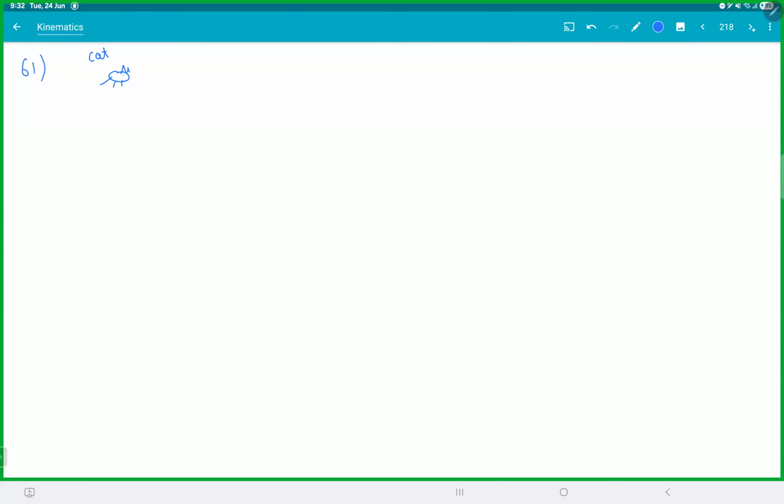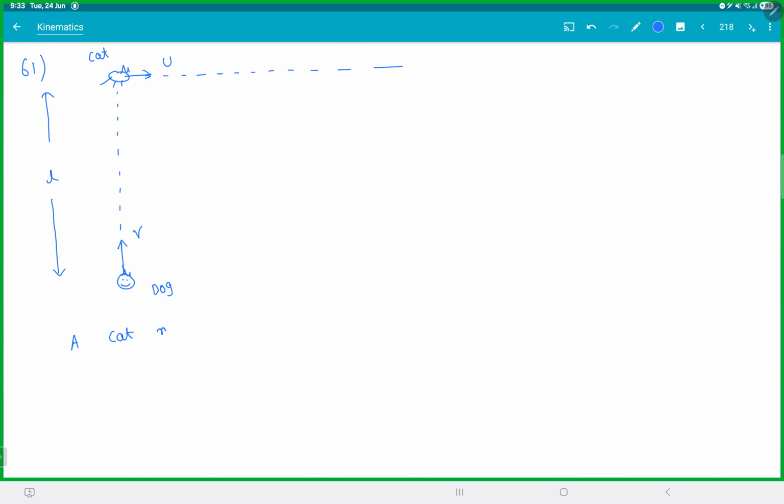So we have a cat here. This cat is going in a straight line with a constant speed. Let's call it u. At a particular distance here, we have a dog. The dog is chasing the cat with speed v. And how is this dog chasing the cat?